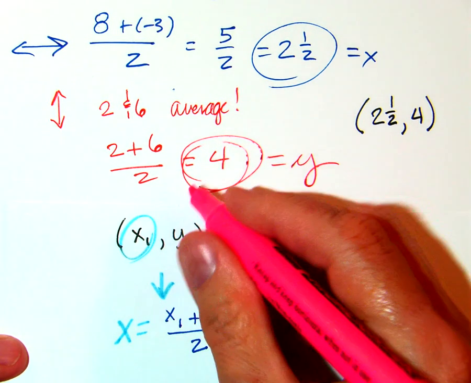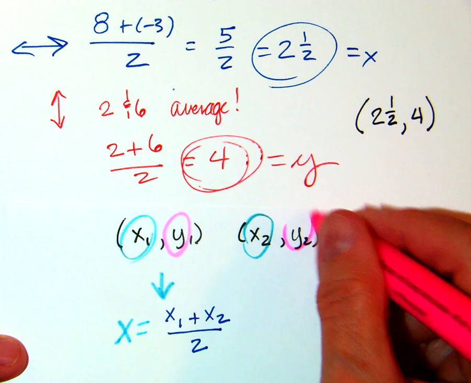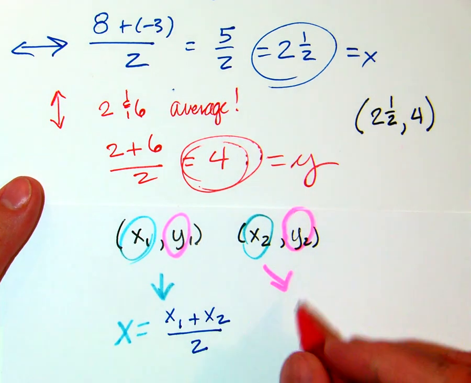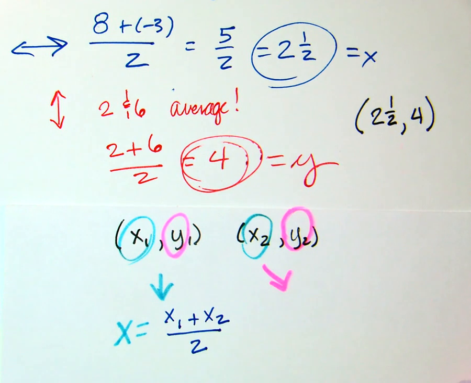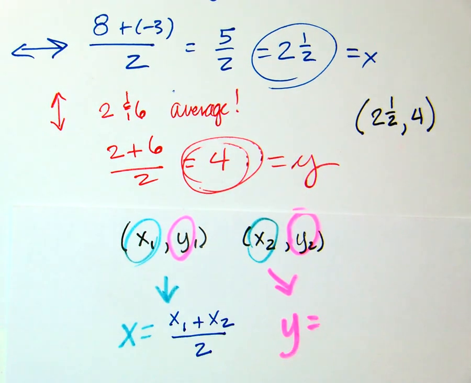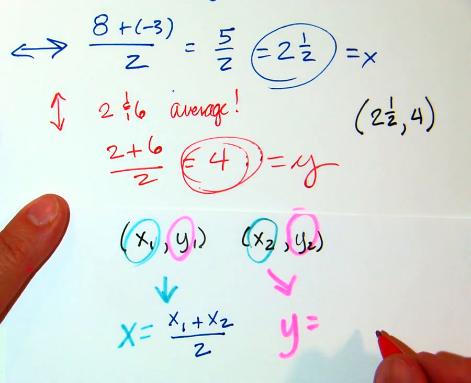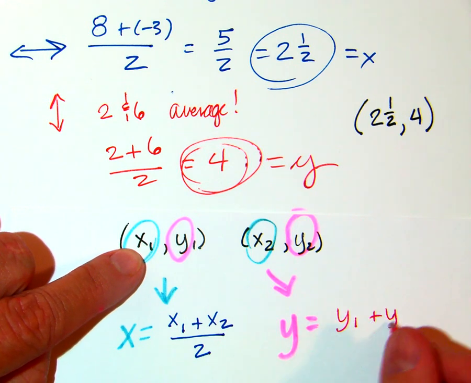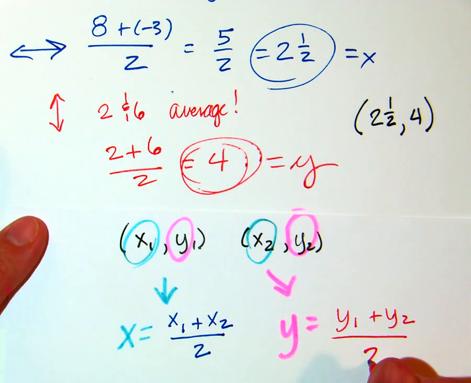I took my two y values and the y value of my midpoint is going to be the average of the two. So that'll be y sub 1 plus y sub 2 over 2.